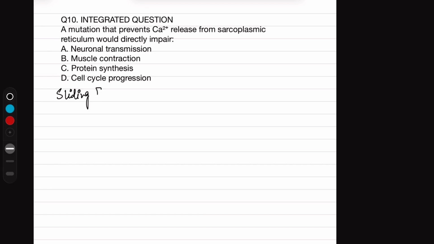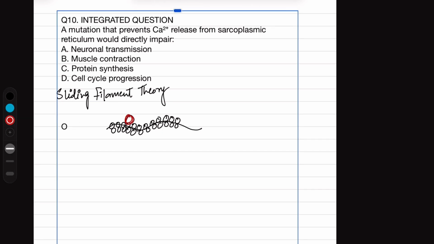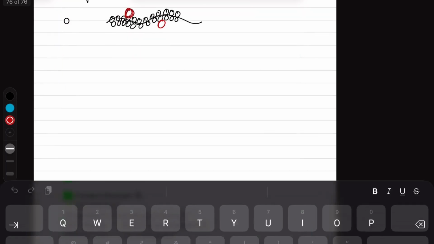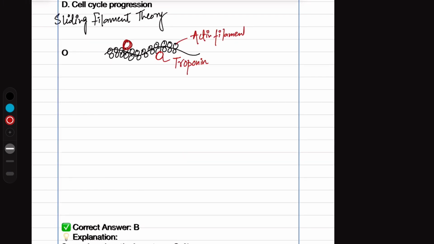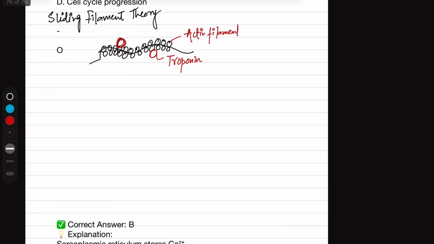Next MCQ is mutation that prevents calcium release from sarcoplasmic reticulum. If we have studied the sliding filament theory, then it suggests that when a thin filament, that is the actin filament, gets attached to troponin with tropomyosin, then in the presence of calcium ions only, the filament is contracted.